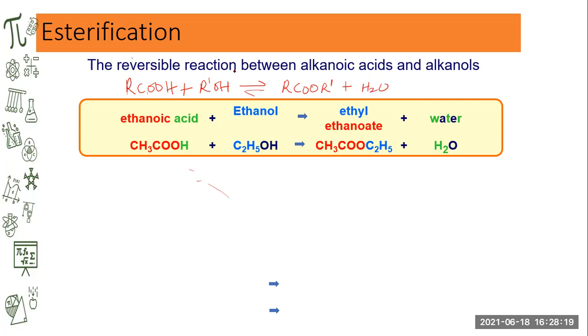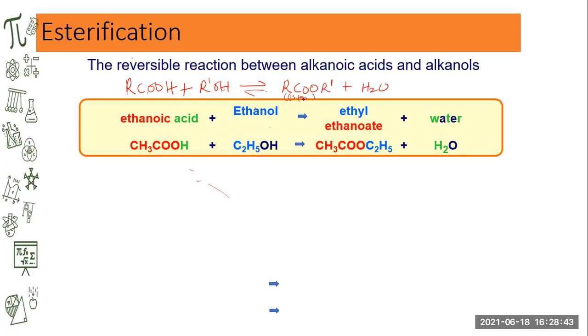So basically, you're having an acid, ethanoic acid, or any alkanoic acid at all, reacting with an alkanol to form an ester. You call these esters or alkanoates.